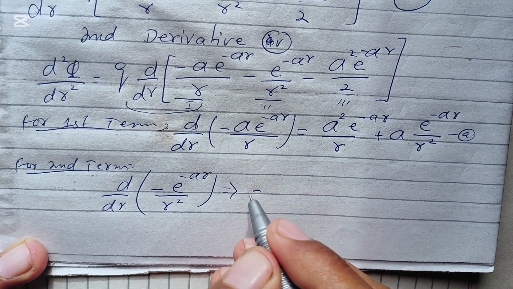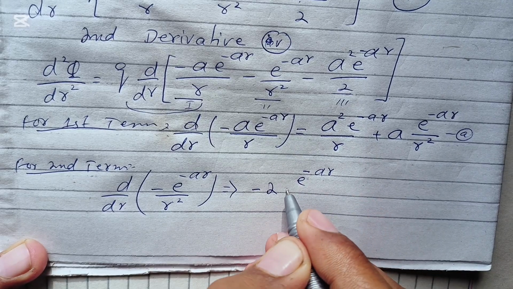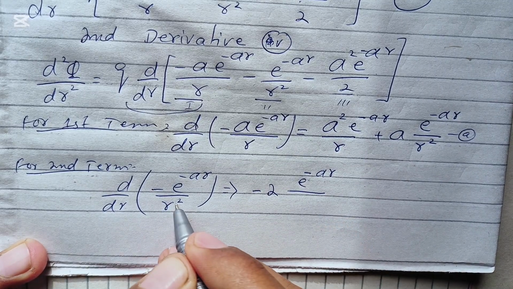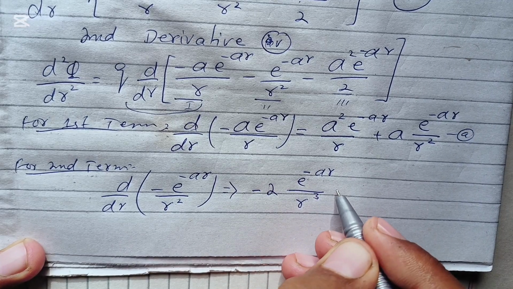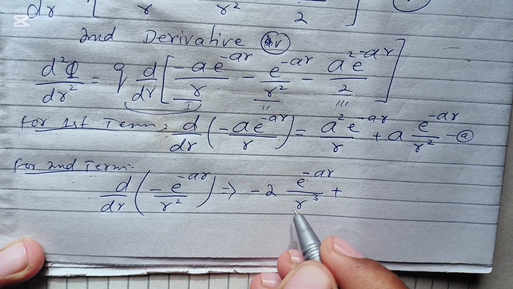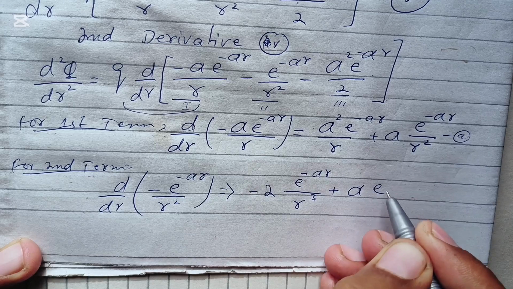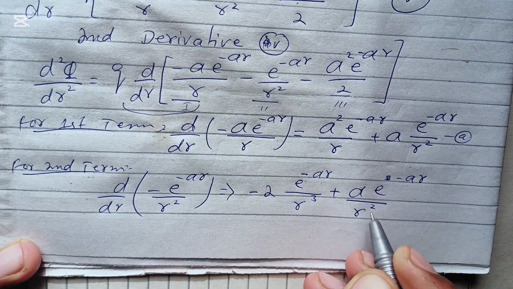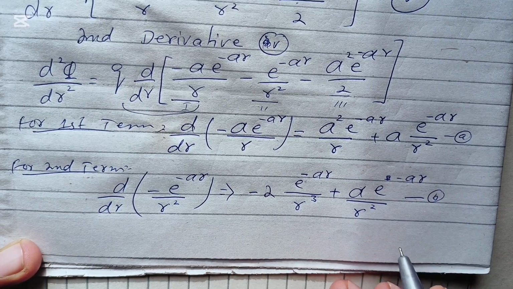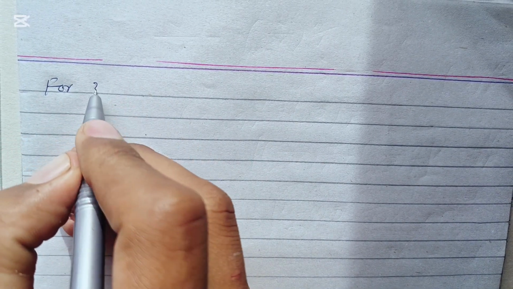When we apply the derivative, this will become minus 2 e^(-alpha r)/r cube, and plus alpha e^(-alpha r)/r square. This is the second term.